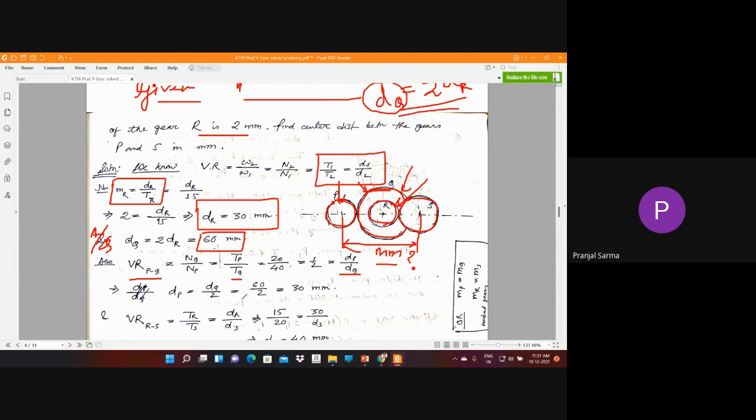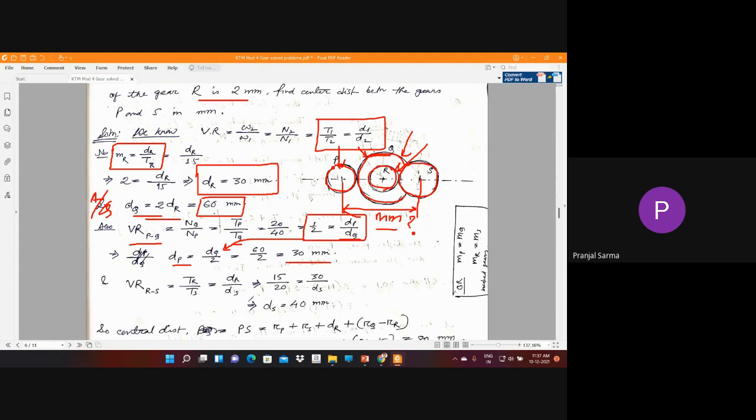So this half is equal to dp by dq. Since dq is already known as 60 mm, dp becomes half of dq, so this is 30 millimeter.